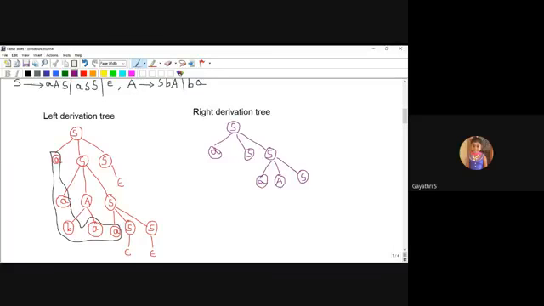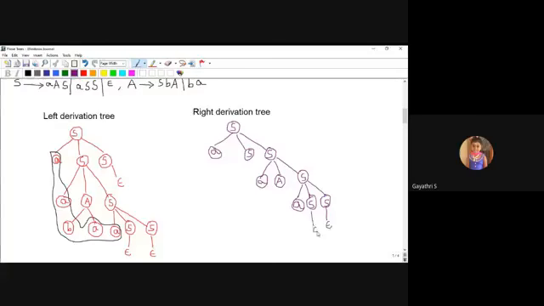So S, S. I will choose the rightmost S. For this S, I will replace S by this production, A, S, S. This S is replaced by epsilon, and this S is also replaced by epsilon.